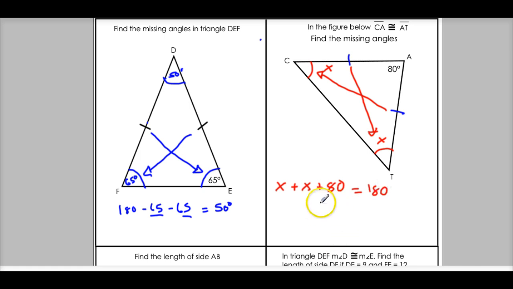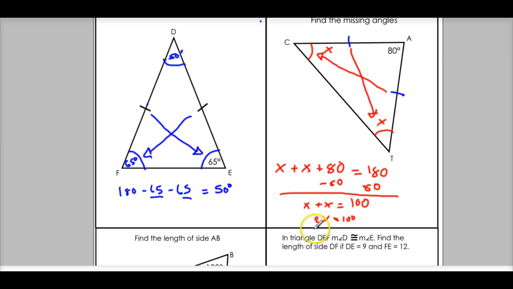To solve it, I just subtract 80 from both sides. I get X plus X equals 100. I combine these, I get 2X equals 100. And finally, I divide by 2. And I get X is equal to 50 degrees.